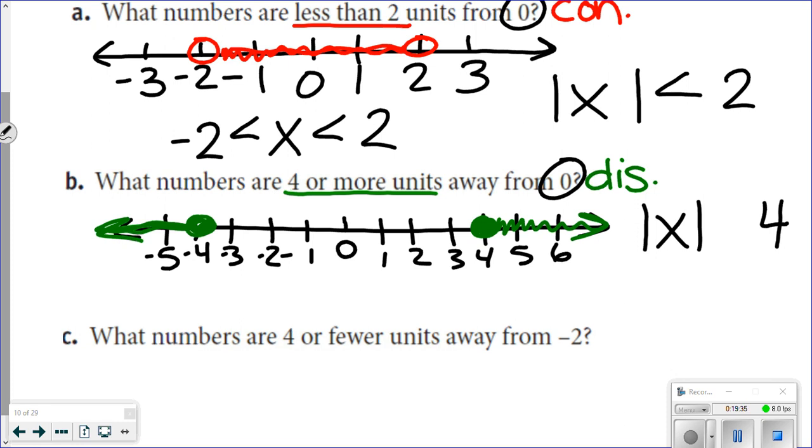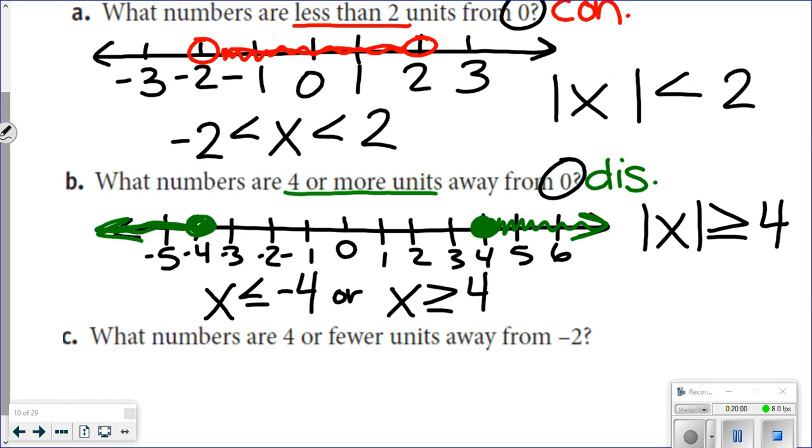So our x values need to be greater than or equal to 4 units away from 0. Okay. So let's write this as a disjunction without our bars. So x is less than or equal to negative 4, or x is greater than or equal to 4.